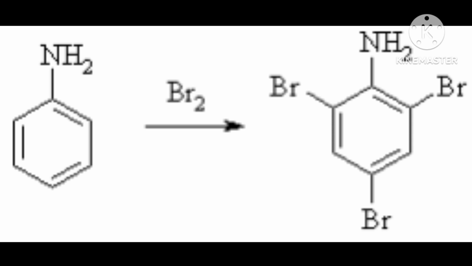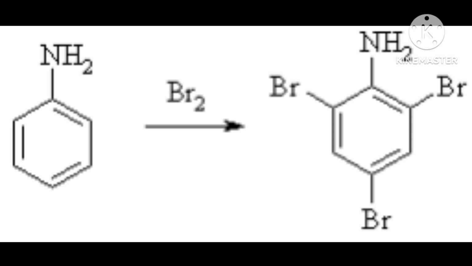This is the only important point. Then in the benzene ring at the ortho position, H will go as H plus. This H plus will come to the Br minus and form HBr. And Br plus will come in the place of H plus.